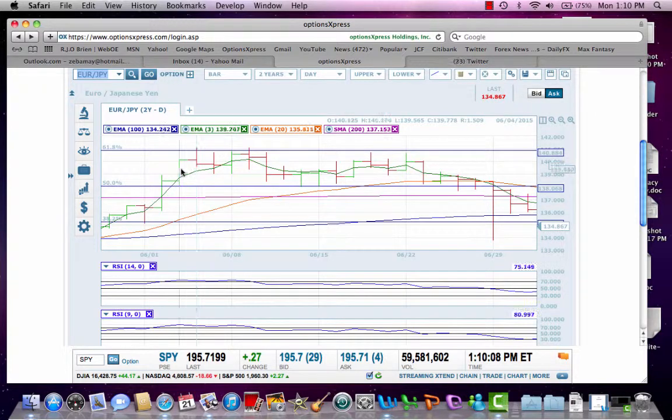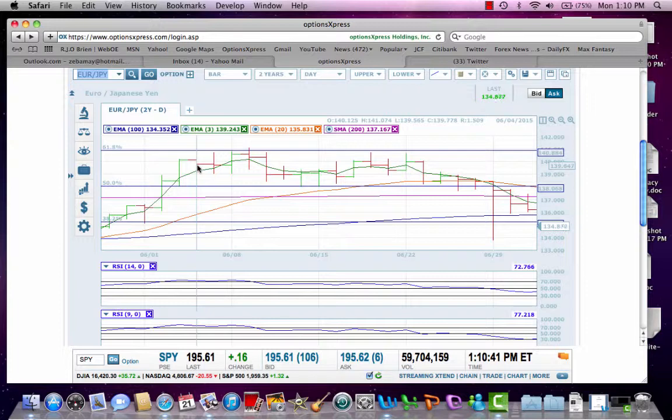So let's take it as if we sold at 140.85, and it appears that the high on this particular day is one. And by the way, I would leave the stop at 141.10, given the 25 pip leeway.